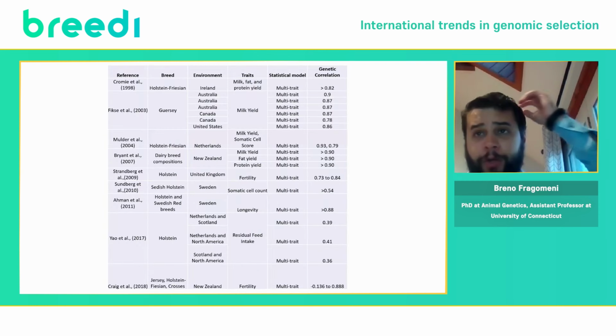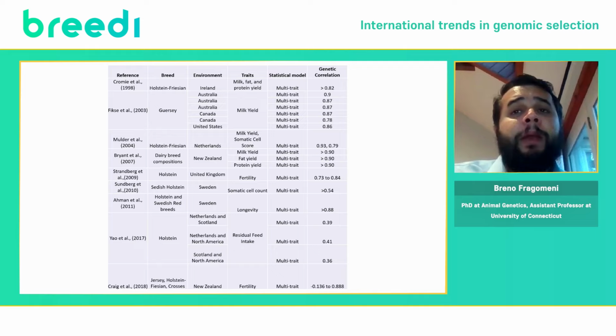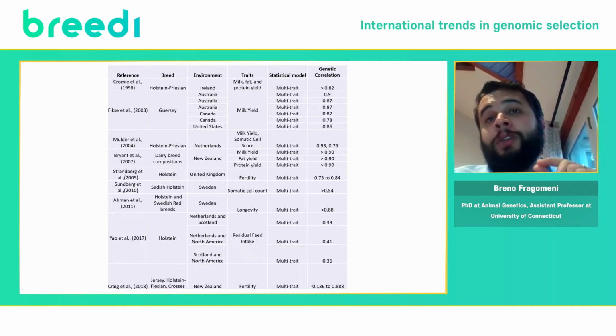informations. Over here, we have a table of several genetic correlations measured across traits in several different breeds, mostly milk yield, but you're going to see that with departure from milk yield, so when you start talking about health, longevity, efficiency, fertility, the correlation decreases.